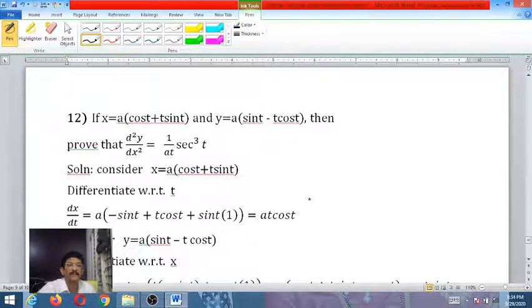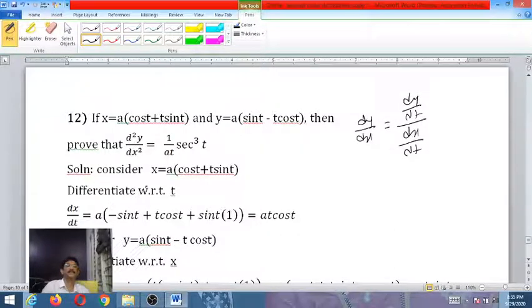Now this is a parametric form. x and y are given in terms of t. So we must remember dy by dx is dy by dt divided by dx by dt. Consider x here. Differentiate with respect to t. dx by dt: a is a constant, the derivative of cos t is minus sin t.